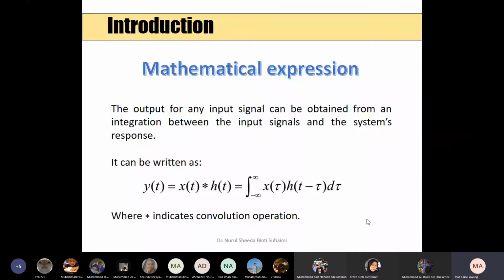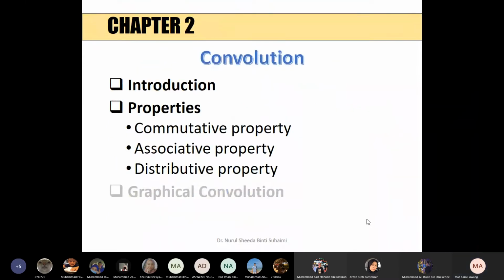So basically the moving signal is a window signal. You can see that in the video that I posted in the link in the MS Team. So it's actually a moving window. That is the convolution.